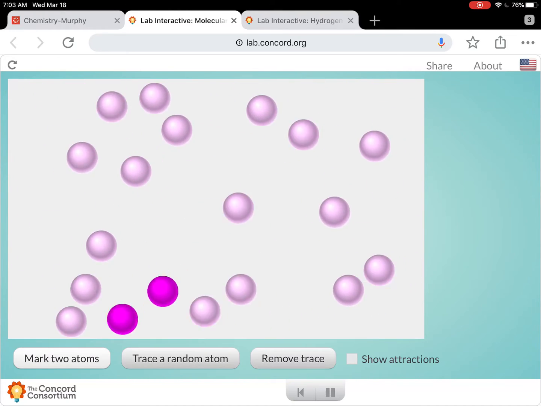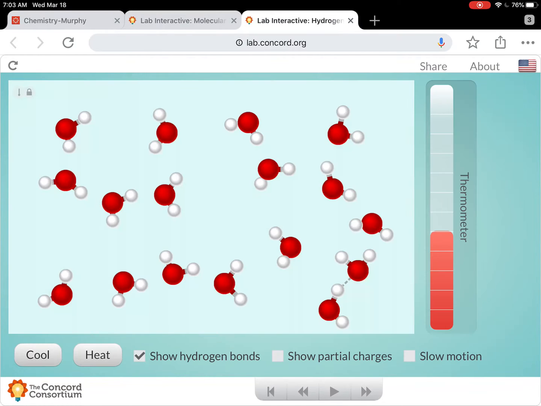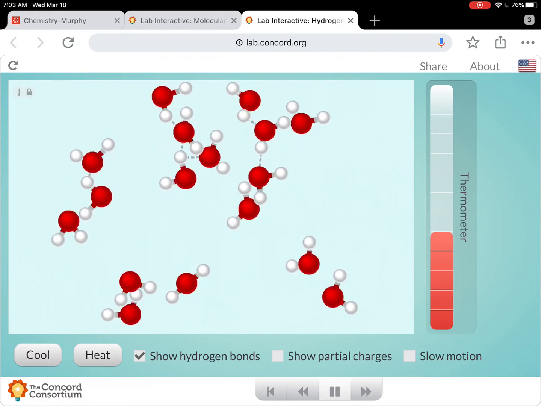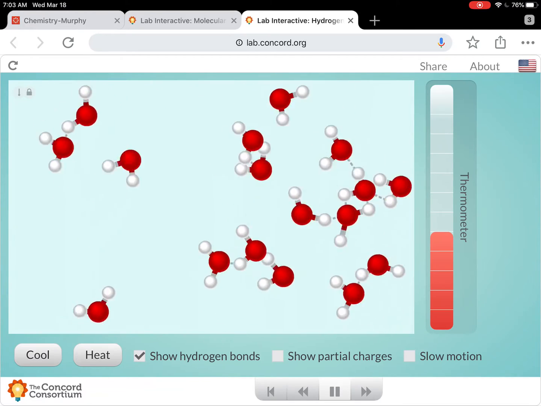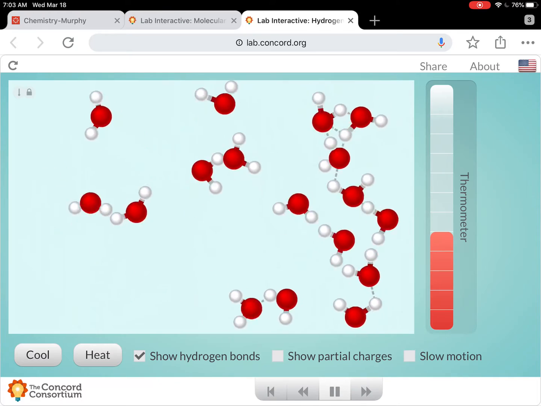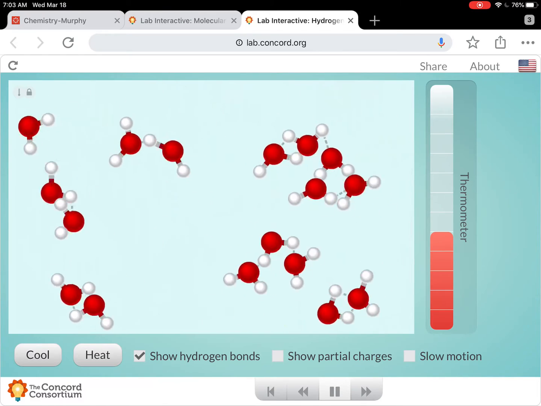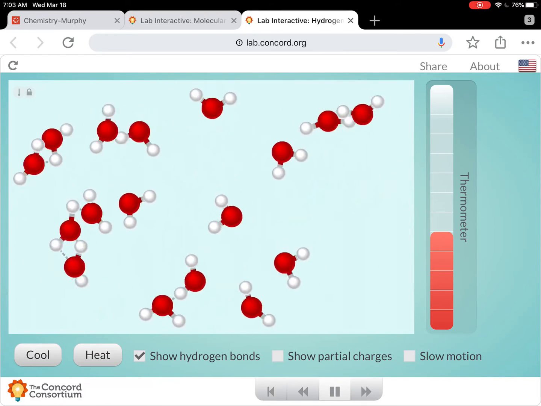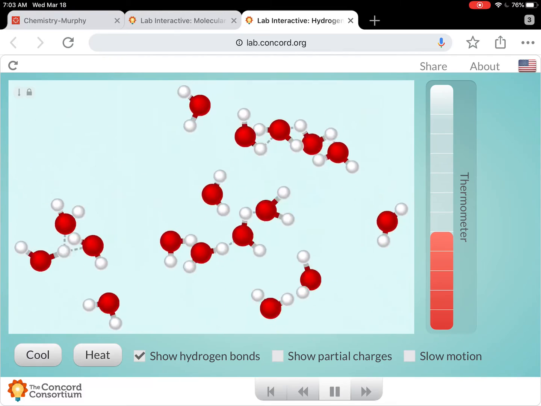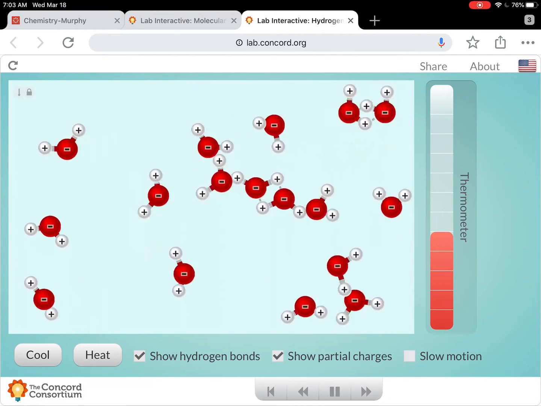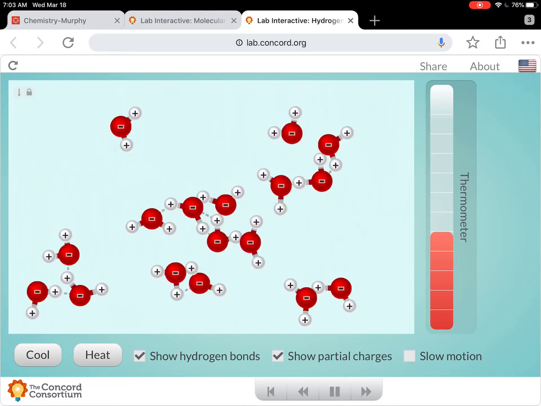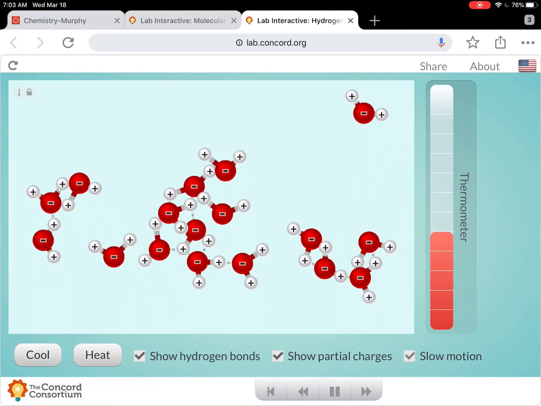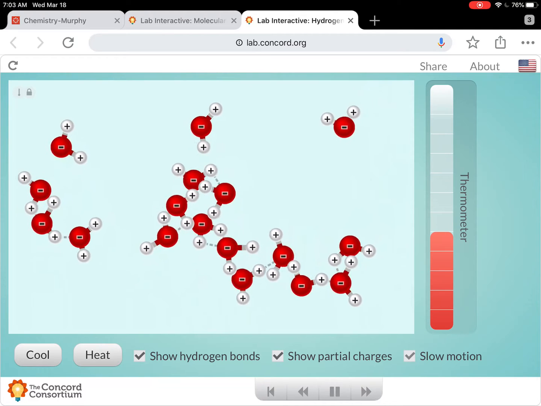Now, let's go to a water molecule. This is a real gas, and as you can see, we have our thermometer over here, and we have charges here. I want to show you this in slow motion. Look what's happening in slow motion.